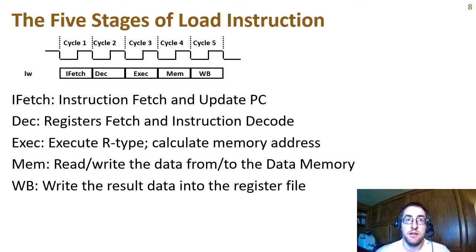So in the instruction fetch, we'll have accessing the instruction memory and updating the program counter. In the decode stage, we'll read from the register file and decode the operand and the instruction and the control logic. The execute stage will do the ALU, or branch target address calculation.